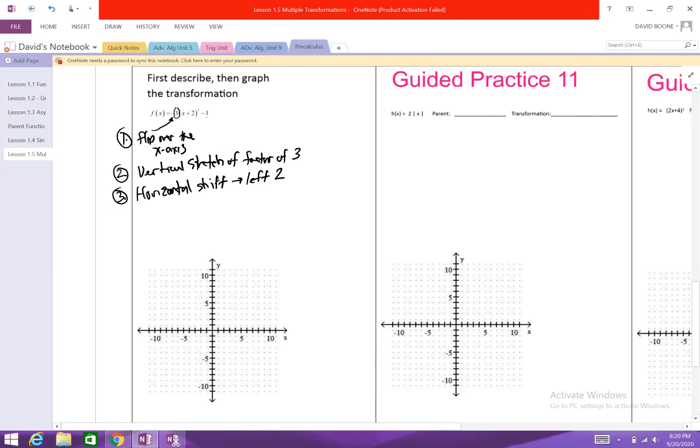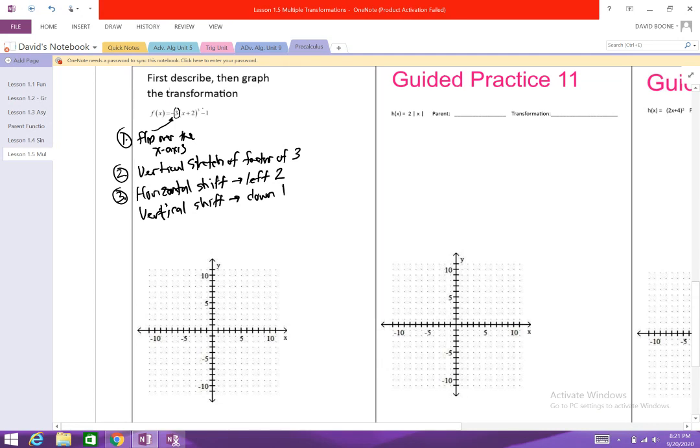And the last piece is outside the parentheses, so that's going to talk about a vertical movement. It's outside the parentheses being added or subtracted, so that's a vertical shift. And when it's outside the parentheses, you think as is. So this would be down 1.